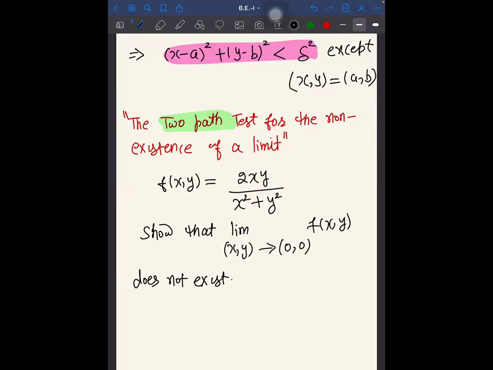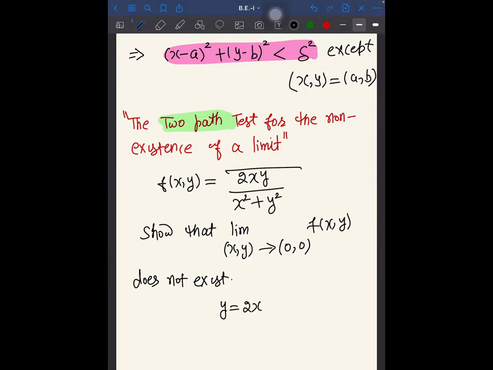Okay. So whenever this is asked, ki show that this limit does not exist, that means you need to construct two paths. You need to find two paths where it happens. Okay. So our first path is, let me show it to you. Let's choose the first path as y is equal to 2x.